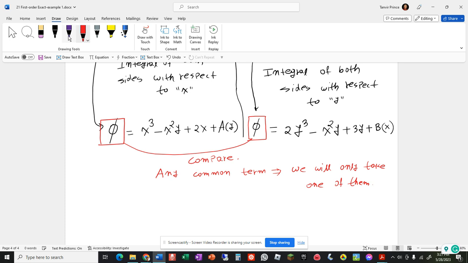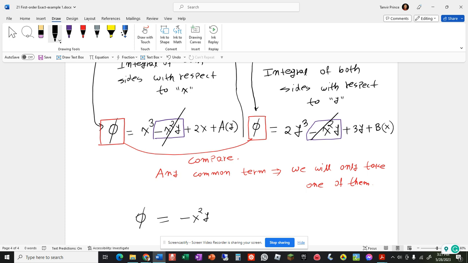So let's do that. If you look carefully, I have a negative x squared y and I have a negative x squared y. So for my final phi, I have a negative x squared y in both, so I'll take one of them only, negative x squared y.